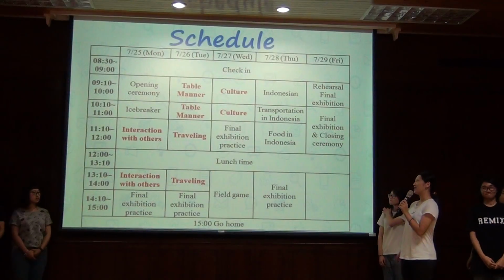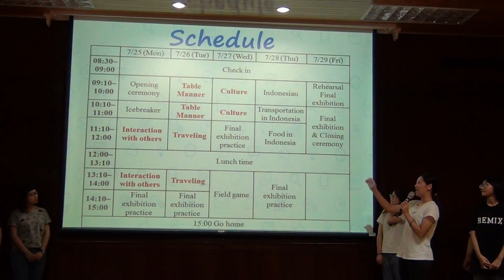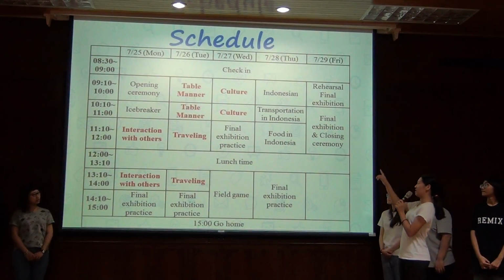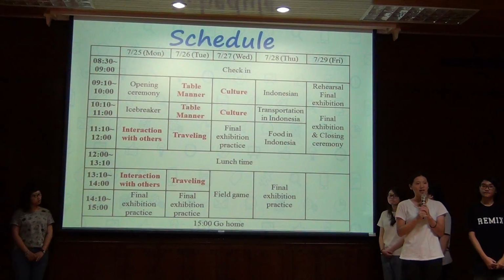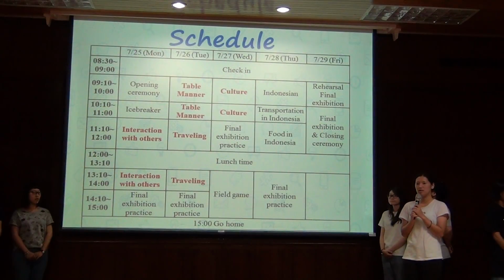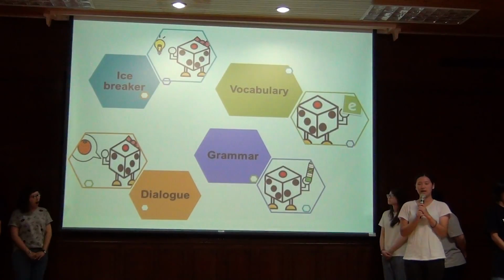And this is the schedule for these 5 days. We focus on 4 lessons: interaction with others, table manners, traveling, and culture. We design the activities in the lessons in order to motivate students' learning. Let's see the pictures and watch the video from this camp.